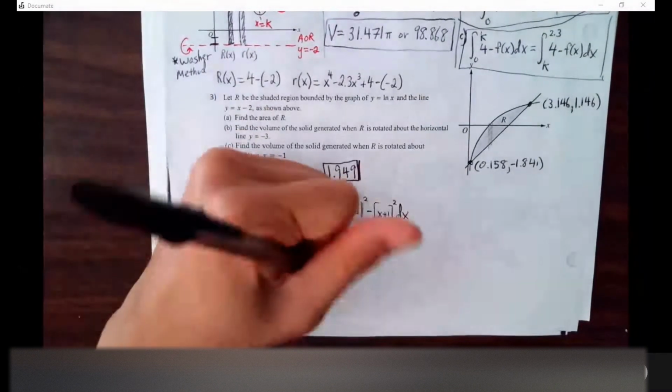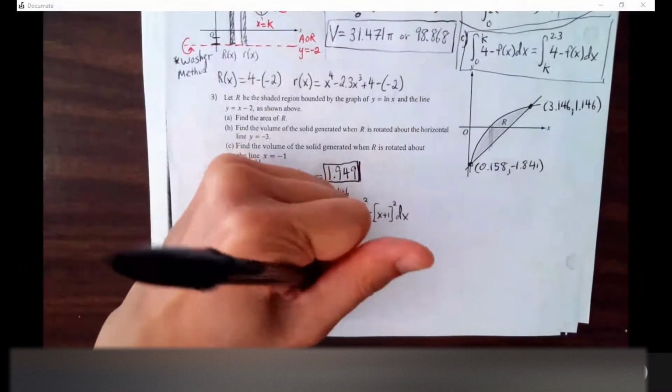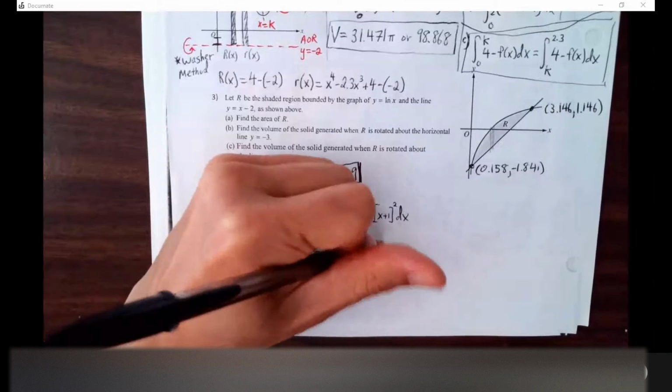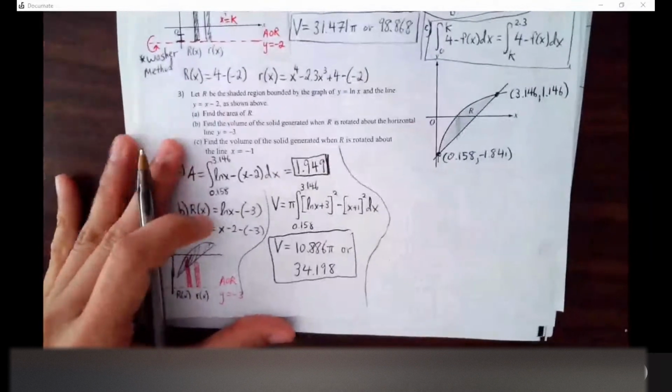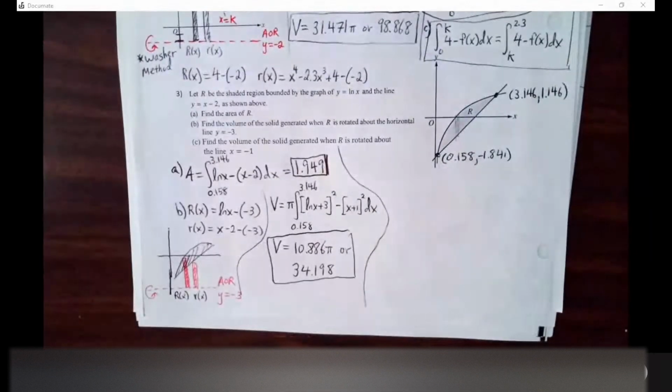Or you can multiply that pi through. Okay, any questions there for A or B?